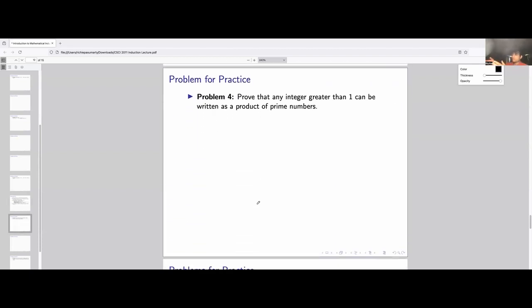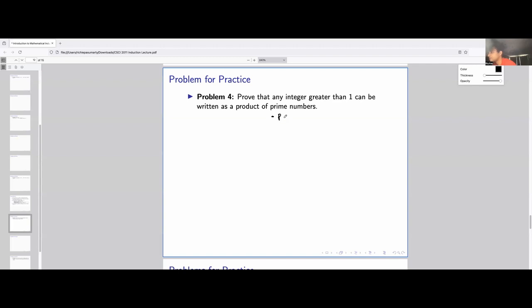All right, so let's go ahead and see an example. So in this example right here, we want to prove that any integer greater than 1, we can write it as the product of prime numbers. Okay, first of all, what is a prime number? That's a good place to start. So a prime number is two things.